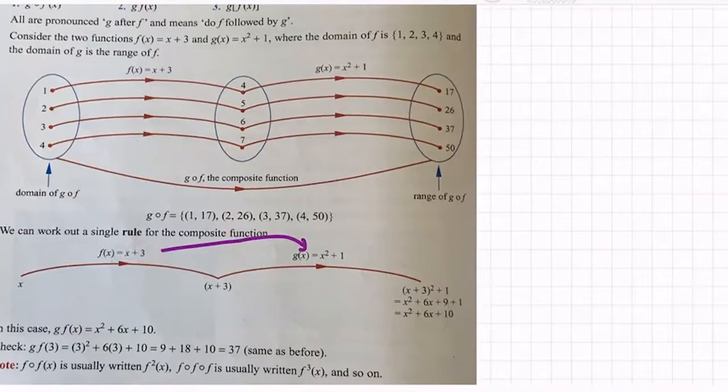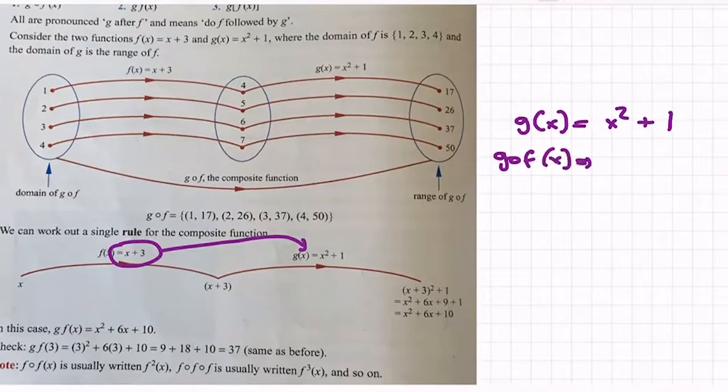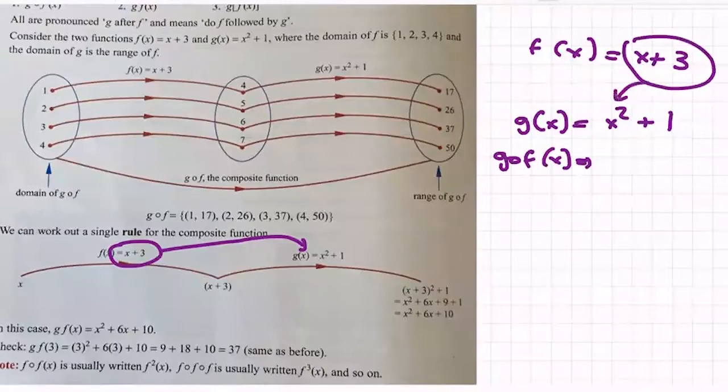Okay, so if my g of x in that case was x squared plus 1, I am feeding f in for it. So in other words, let me write my f of x up here so you can see it. Okay, this goes in for x, so that I end up with x plus 3 squared plus 1.